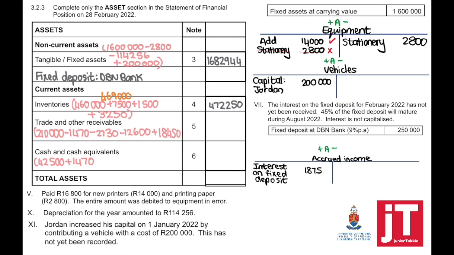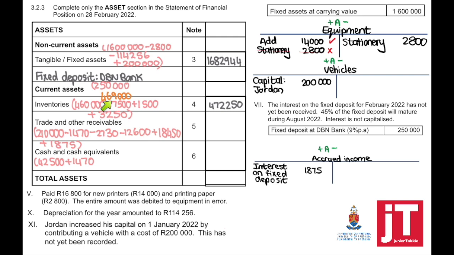Accrued income forms part of your trade and other receivables. So, plus 1,875.